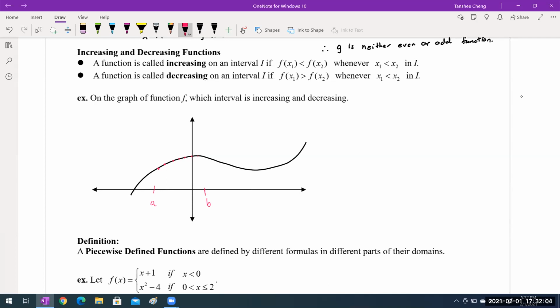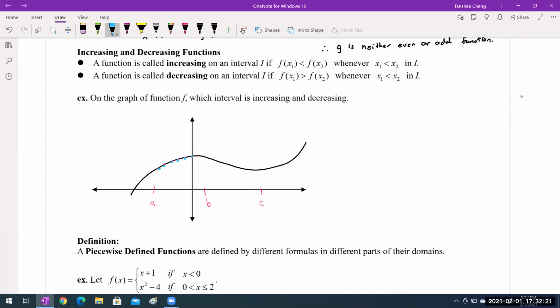Now, as we look at the next one, the interval from B to C, let me denote it with the blue right here so that you can see better.